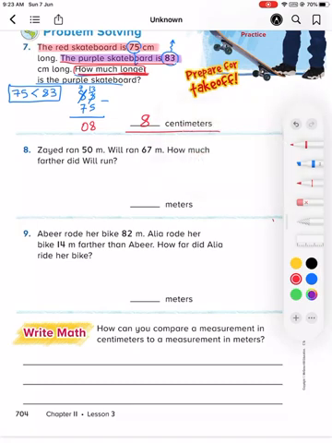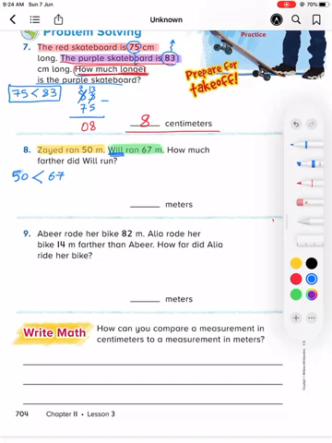They ran 50 meters. Will ran 76 meters. How much further did Will run? Of course, 50 meters is less than 67 meters.